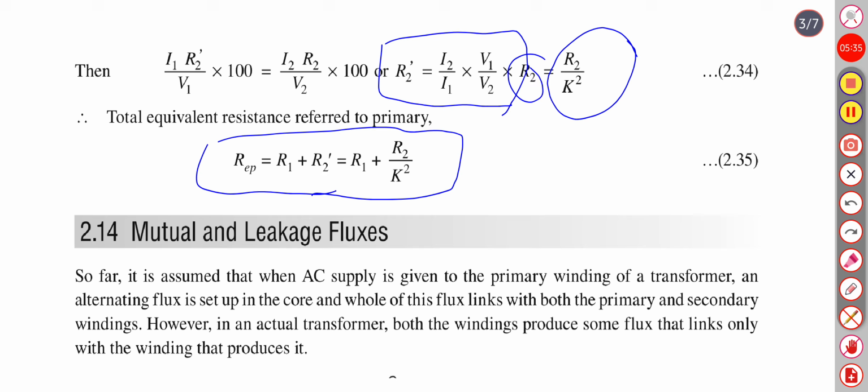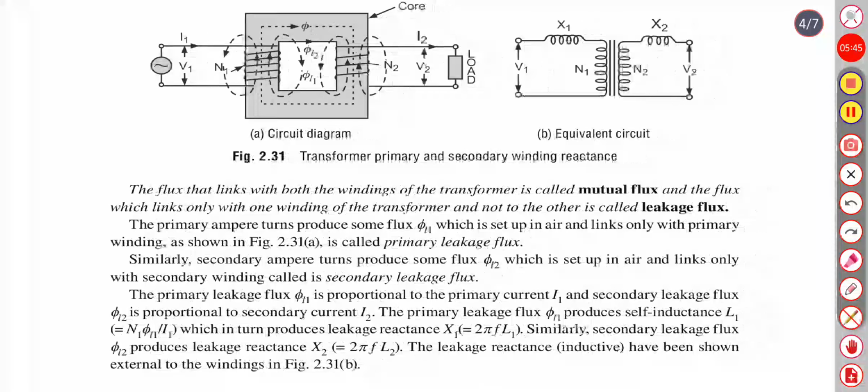However, in an actual transformer, both the windings produce some flux that links only with the winding that produces it. The flux that links with both the windings of the transformer is called mutual flux, and the flux which links only with one winding of the transformer and not the other is called leakage flux.